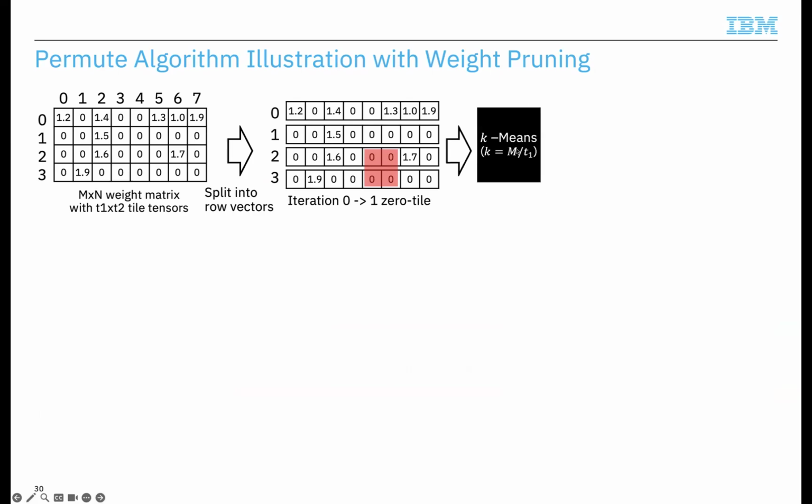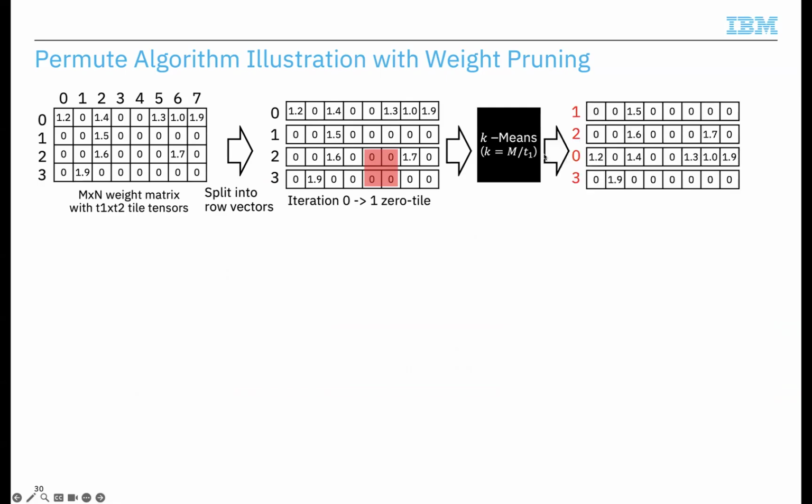Instead, we will run it through a k-means algorithm. So here we have 4 vectors, and we want to create 2 classes. We feed that information into the k-means algorithm and run it, and it produces a reordering of the rows. Now if you packed it at this point, you have 2 zero tiles, but maybe you could do better.